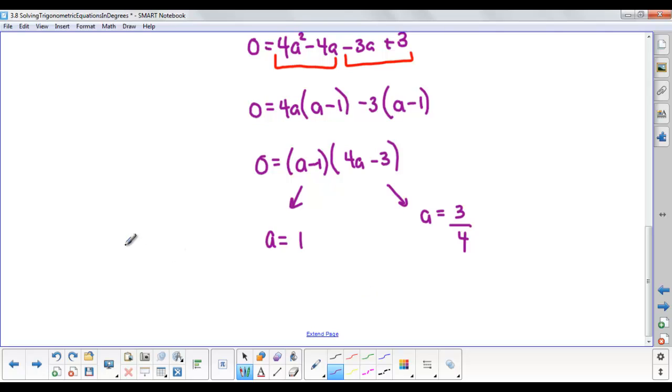But again, a was never part of the question, so we need to replace the a with the sine x. So essentially, it's really sine x equals 1 and sine x equals 3 over 4.